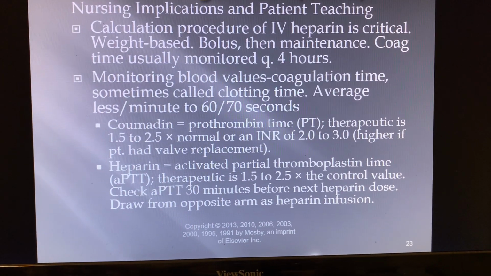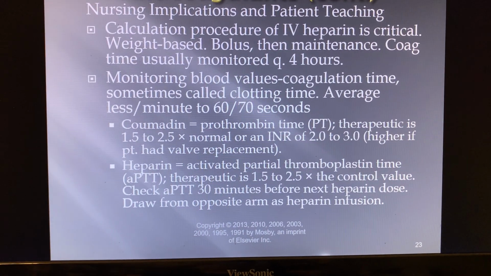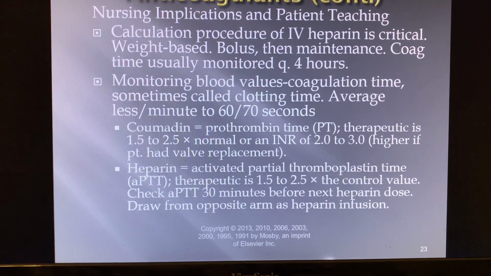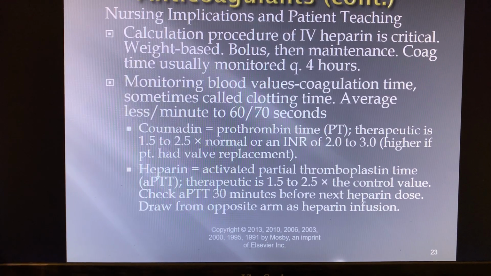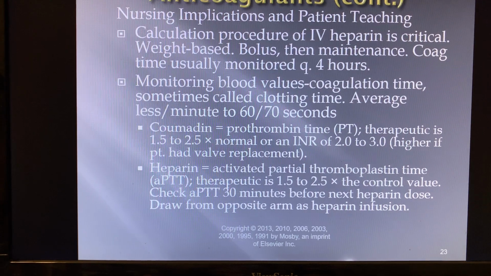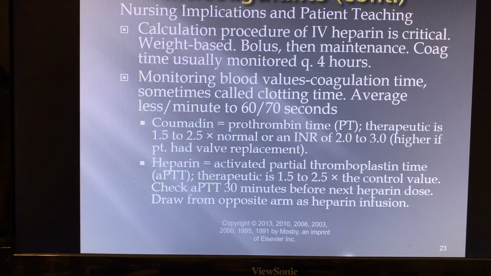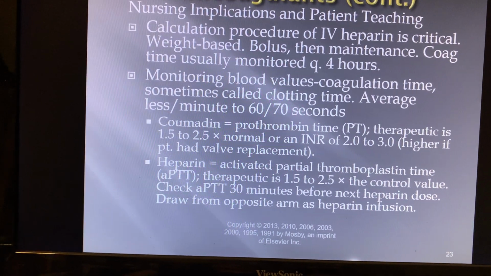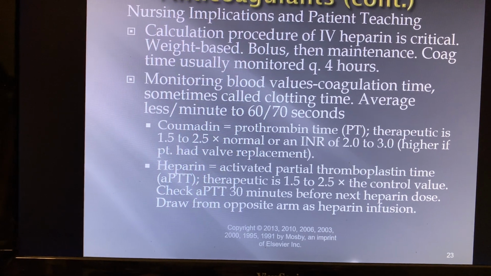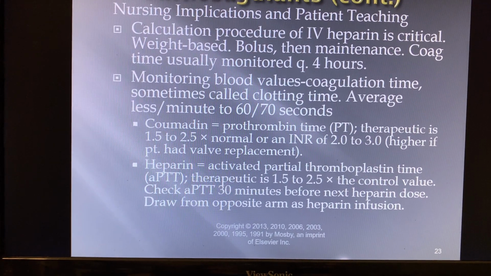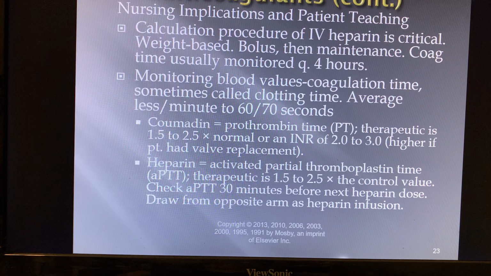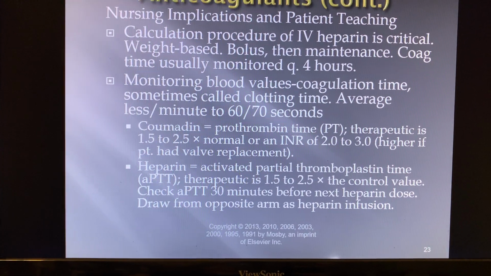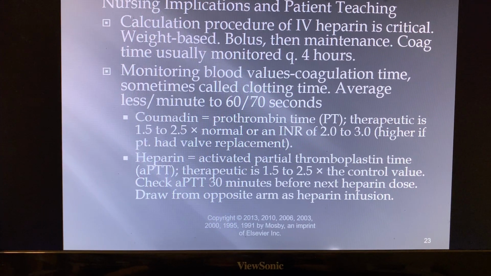So 60 is the basic control value. And then 40 times 2 is 80. 40 times 0.5 is 20. So you're going to get an activated PTT of 60 to 100 seconds.